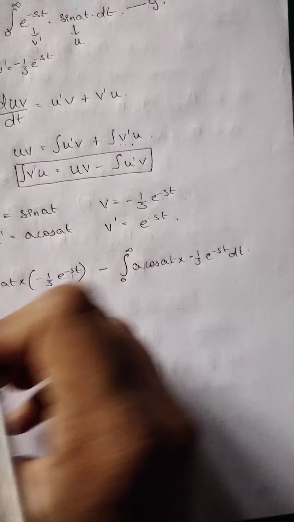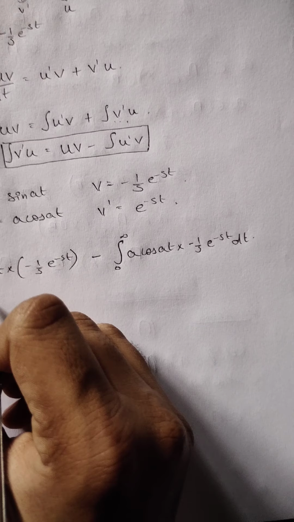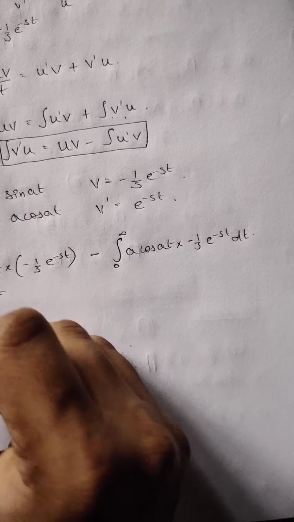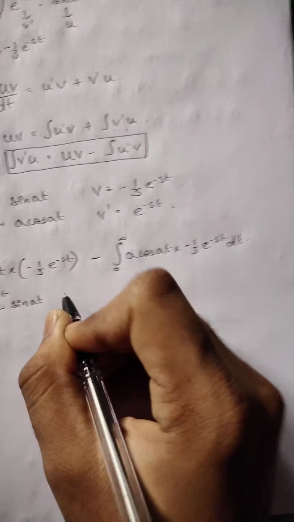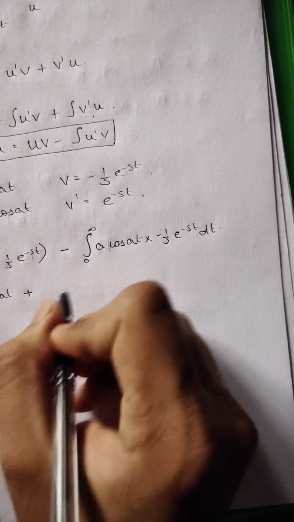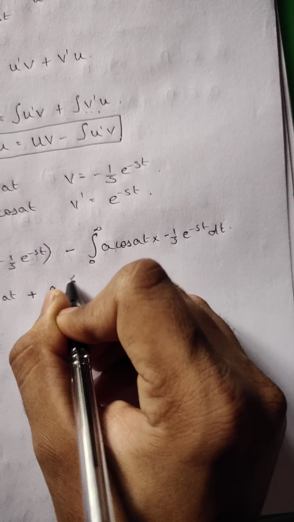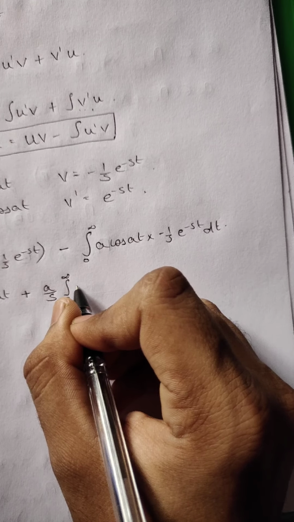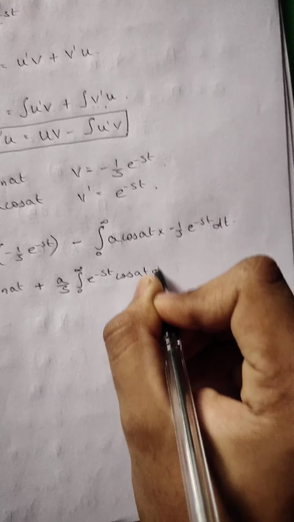Now let us solve it again. We can write this as minus e power minus st divided by s into sine of at, minus, let us take this thing out, so we'll have plus a by s into the integral from 0 to infinity of e power minus st cos at dt.